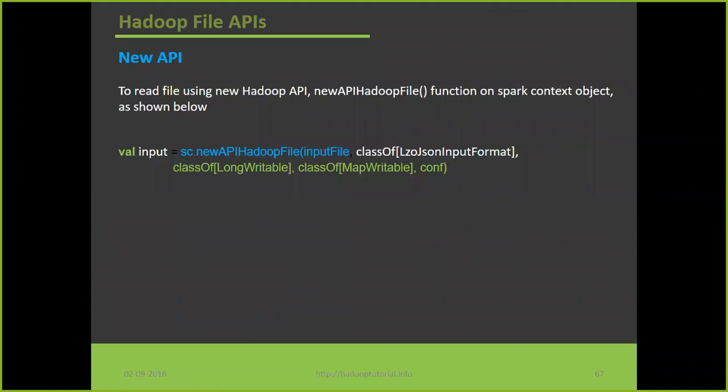The new API for this is the same, instead of sc.hadoopFile we have newAPIHadoopFile. The naming convention is not so good, so very soon it might get renamed to something else.